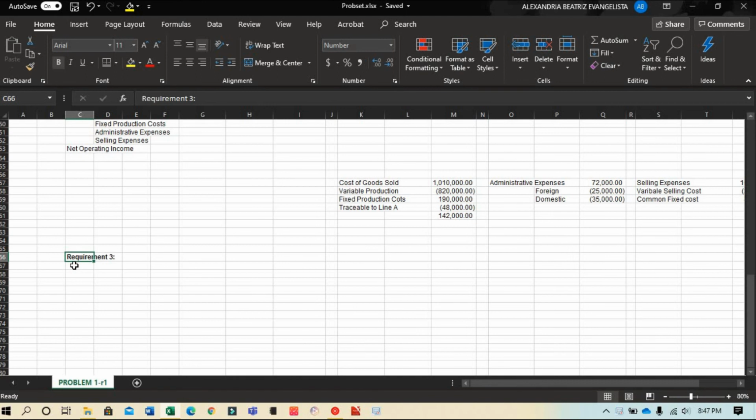The increase would be divided 40%, 40%, 20% among products A, B, and C respectively. Determine whether the foreign market should be dropped. Show supporting computations.